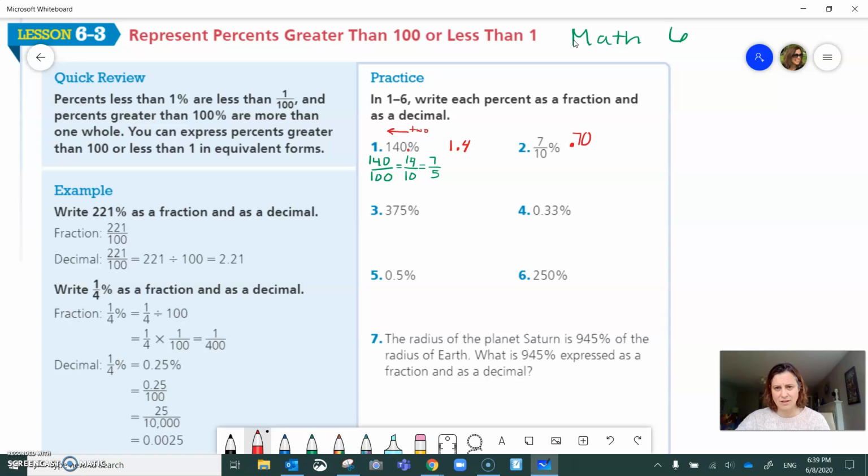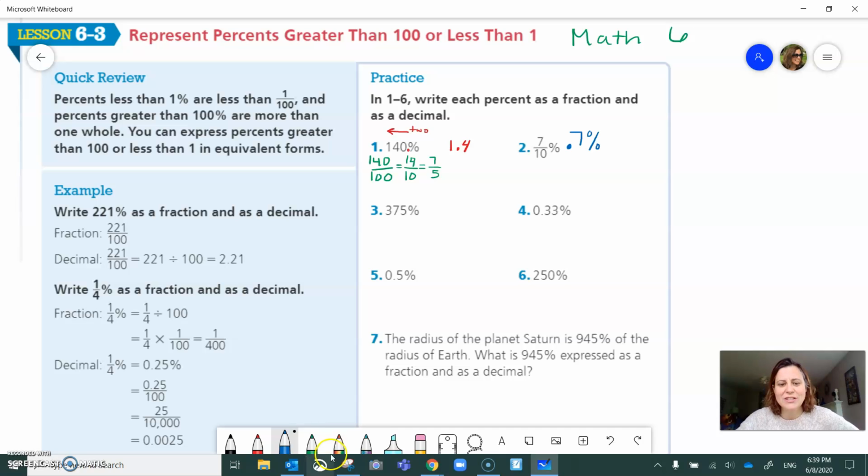No, that's not right. Oh, I know what I'm doing wrong. Sorry. Let me try that again. 7/10 of a percent would be 0.7%. Let me write it like that instead.